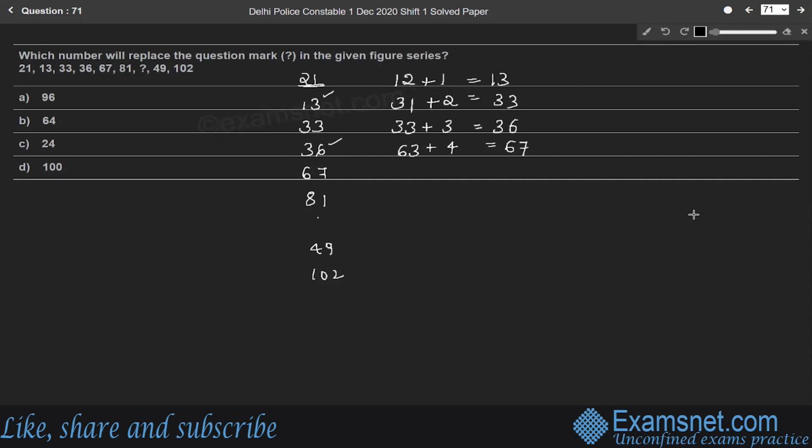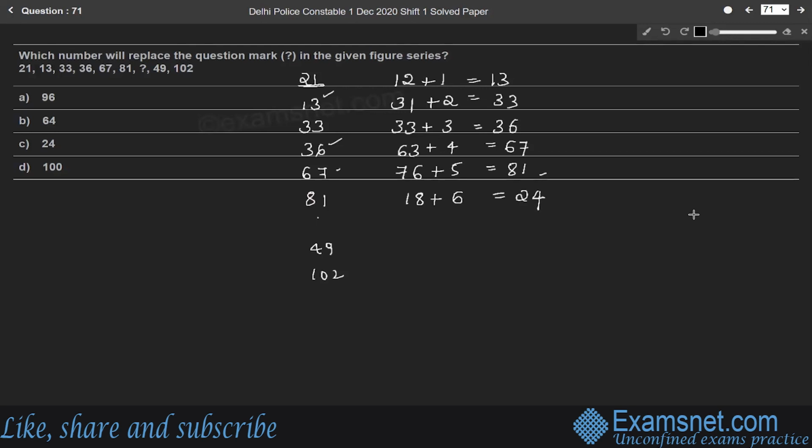We can check, which is 67. So the reverse of 67 is 76 plus 5 is 81. Yes, the logic is right here. So the reverse of 81 is 18 plus, which number should be added here? 18 plus 6 is, yes, 24.